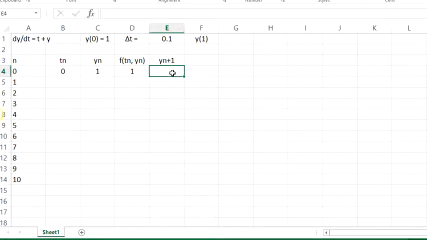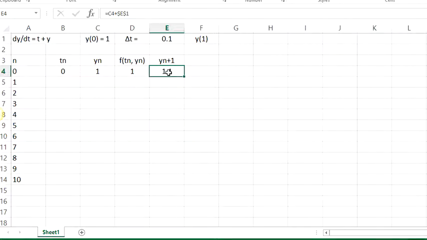And then what is y sub n plus 1? Remember, that's equal to the previous y plus delta t times my slope. Here I'm going to refer to delta t as 0.1, but I'm going to put dollar signs around the letter and number to fix that reference.